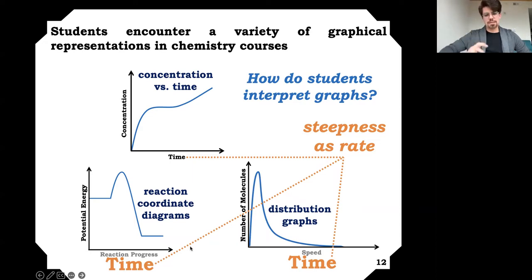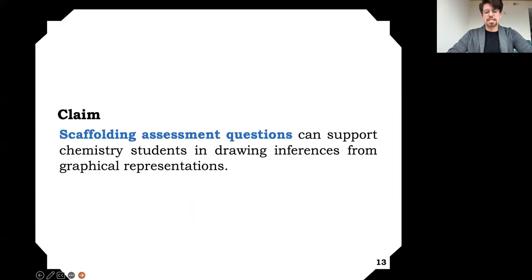There is this implicit association with rate and time. And as students describe the process of reaction coordinate diagrams and distribution graphs and reason about steepness as rate, it is associated with this time component.